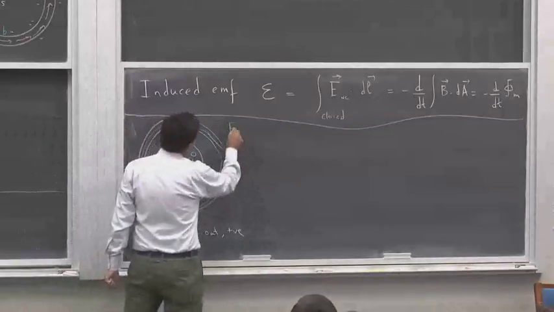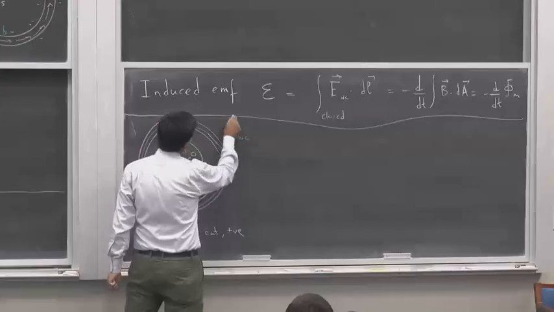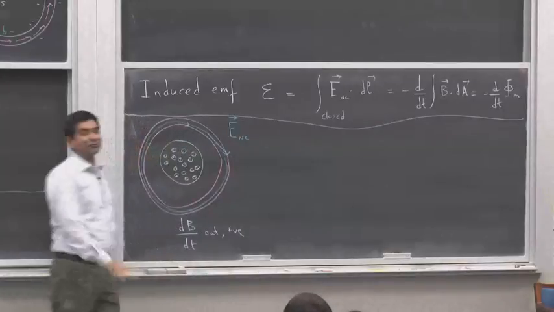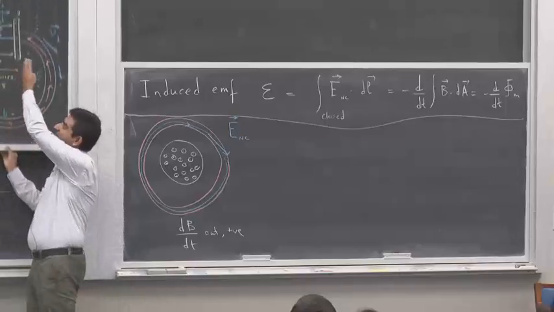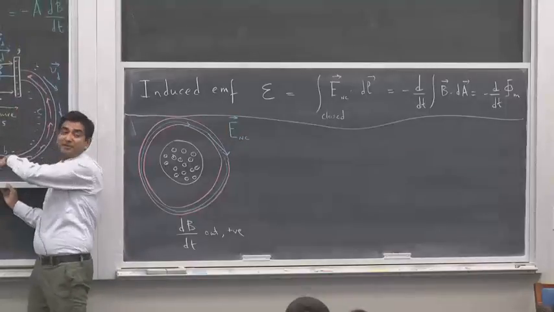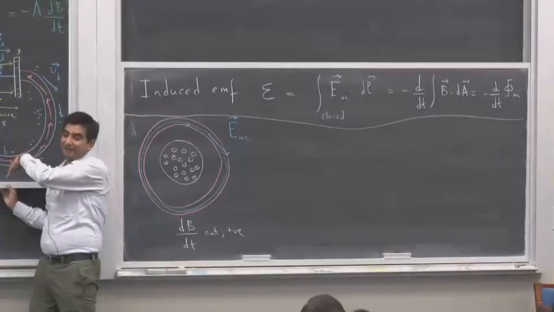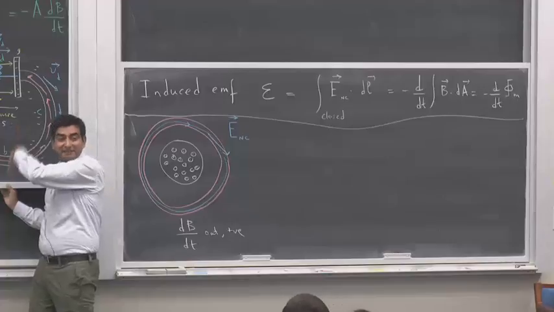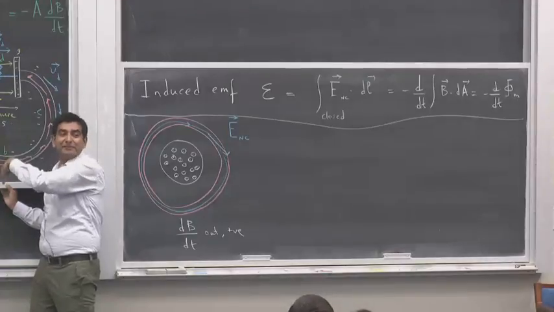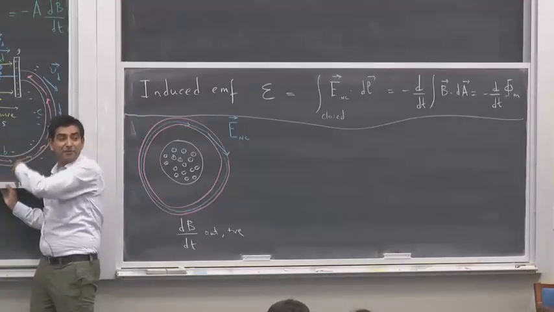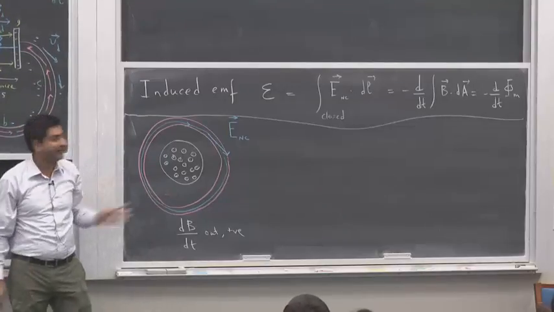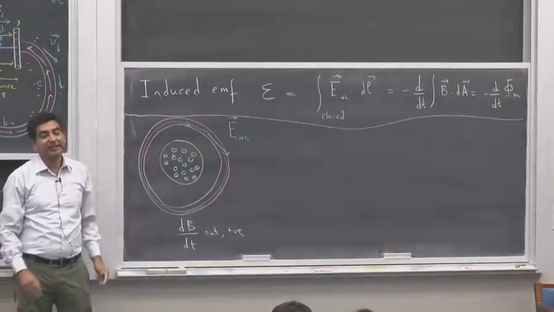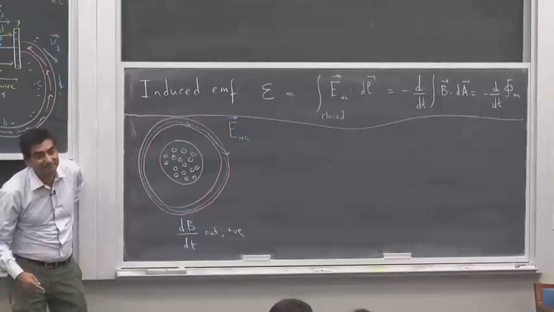Now this electric field is non-Coulombic. It's not due to charges. It's totally different from the mechanism of electric field formation in the case of a battery. The mechanism there is from charges, real charges, Coulombic charges. Here the mechanism is different. It's a changing magnetic field that is producing an electric field.